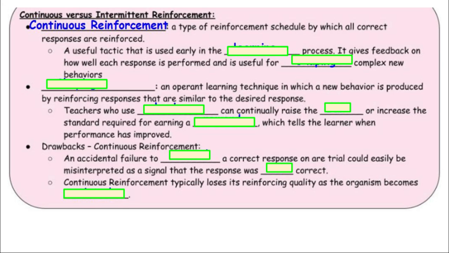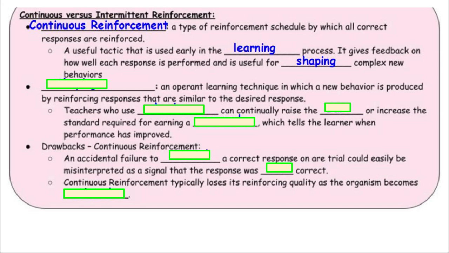Continuous reinforcement is a type of reinforcement schedule by which all correct responses are reinforced. So it's a useful tactic early on in the learning process. It gives feedback on how well each response is performed and is useful for shaping complex new behaviors. Potty training is a great example of when you might be using continuous reinforcement.